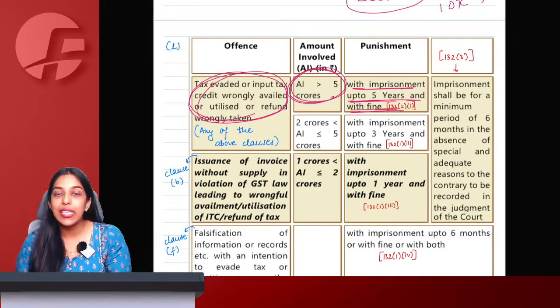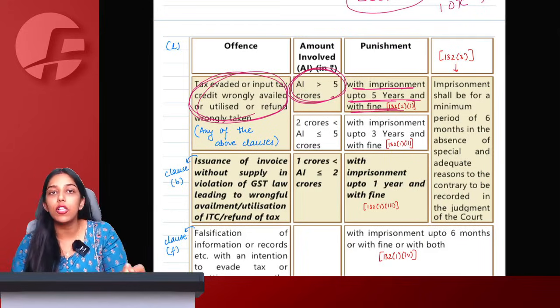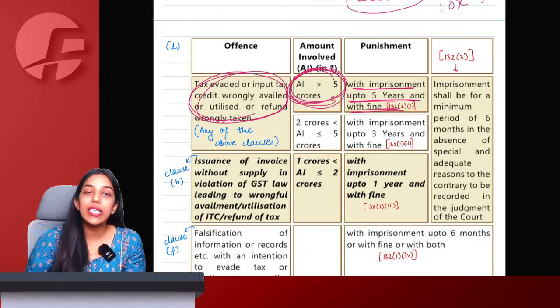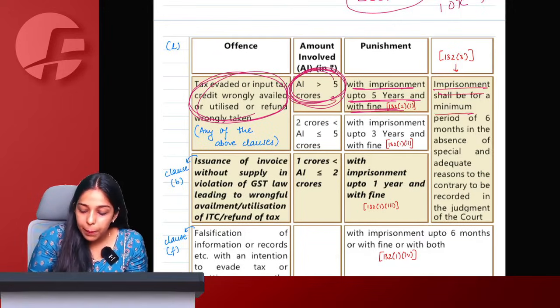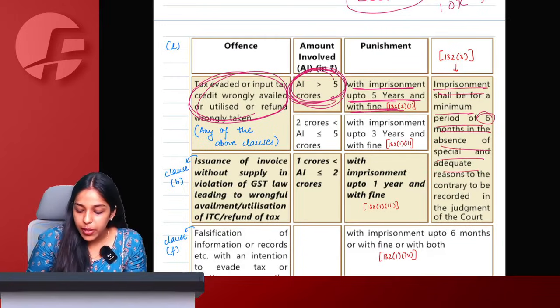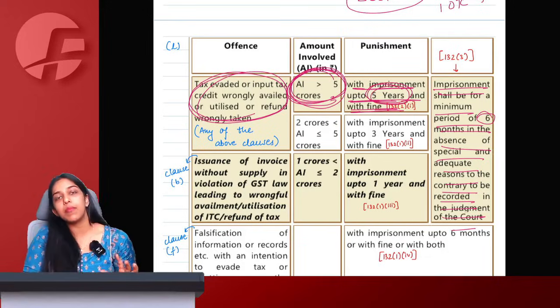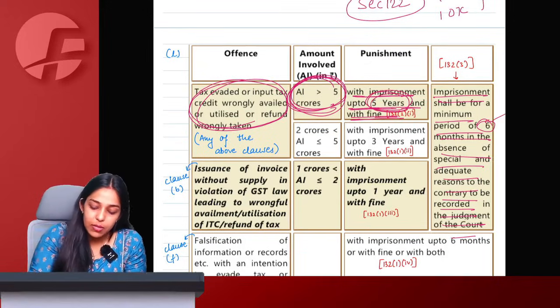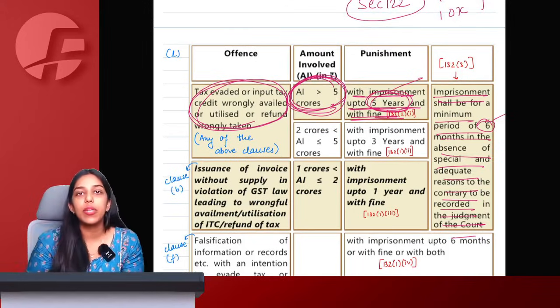Imprisonment shall be for a minimum period of 6 months in the absence of special adequate reasons to the contrary. So up to 5 years but minimum 6 months. Anything between 6 months to 5 years can be given as imprisonment, and in addition to penalties, fines will be levied.